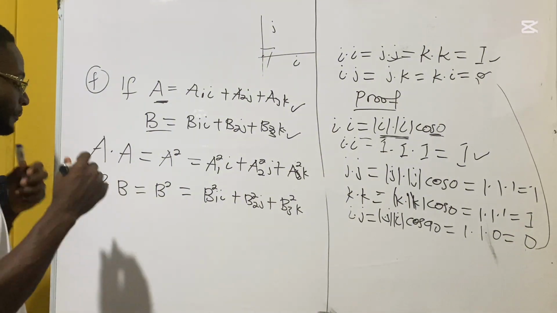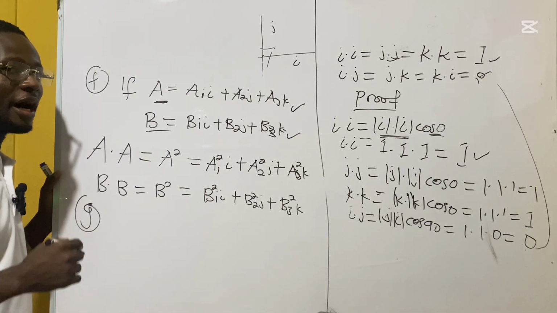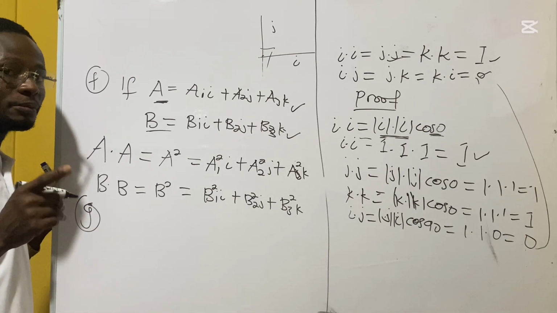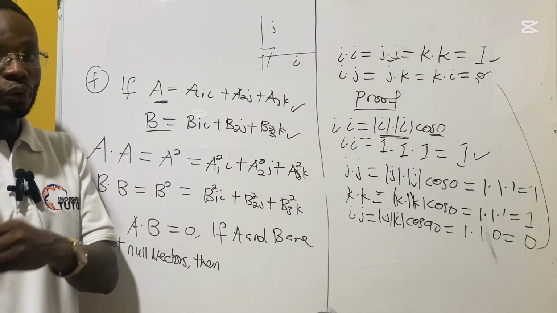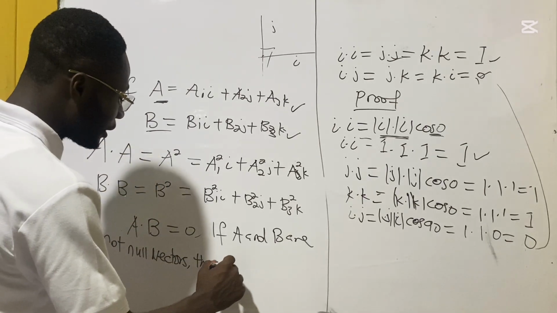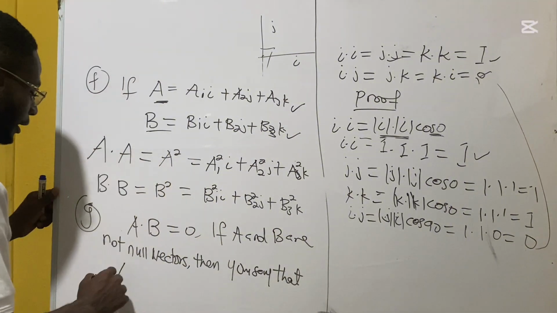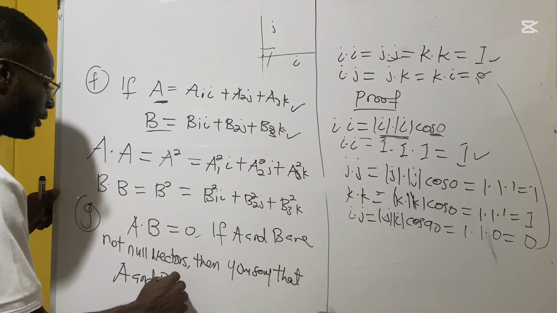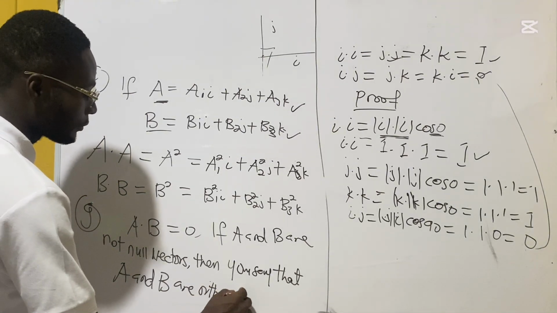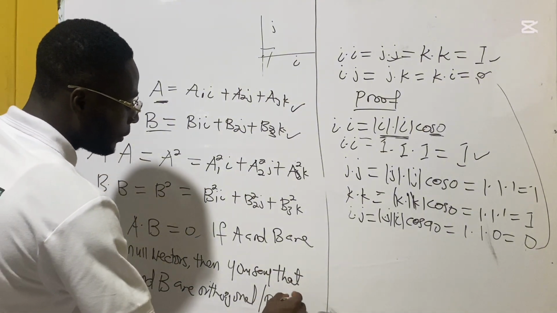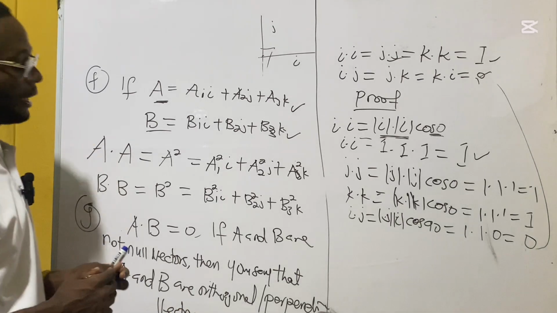So the last property, which is J, is, for instance, if you have A dot B, you know that A dot B should be giving you 0, right? So for perpendicular or orthogonal vectors, you can say that A and B are orthogonal or perpendicular vectors, right?